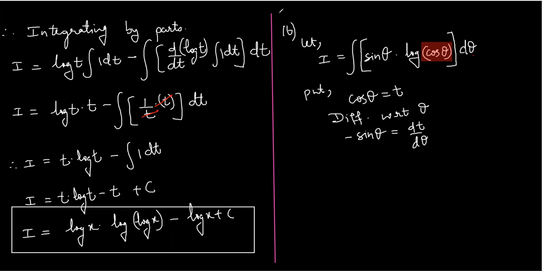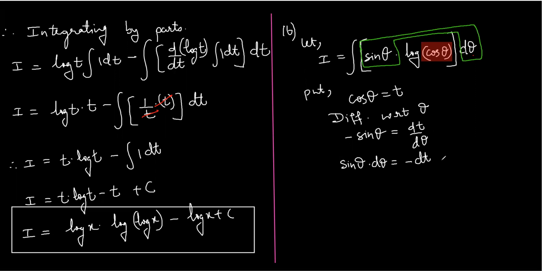Now I notice that I have sine theta multiplied by d theta. Whenever we use substitution after differentiating, we see if we have something which we can resubstitute. So sine theta d theta equals minus dt.